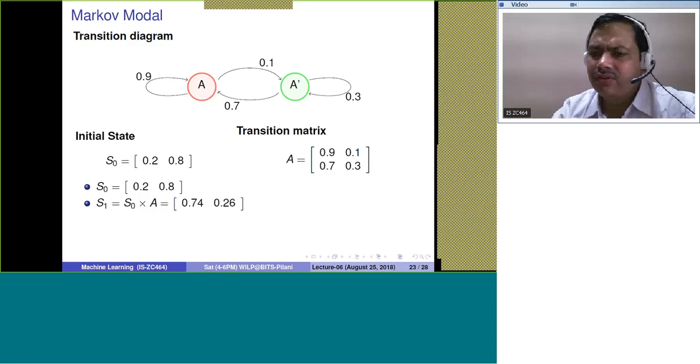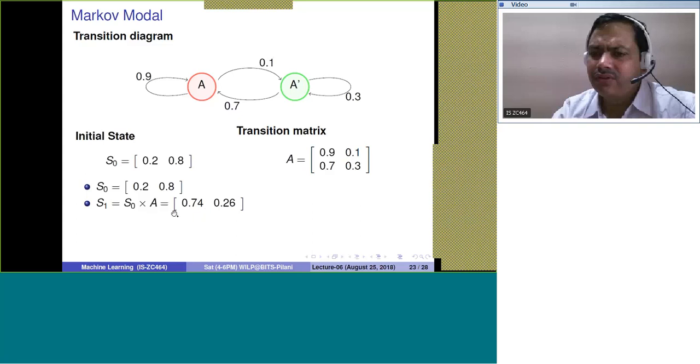The total should be one, and the total is always 1 in all directions. So when you multiply this thing with A, you get 0.74 and 0.26. Can you see this? If you multiply this, you are going to get this thing.